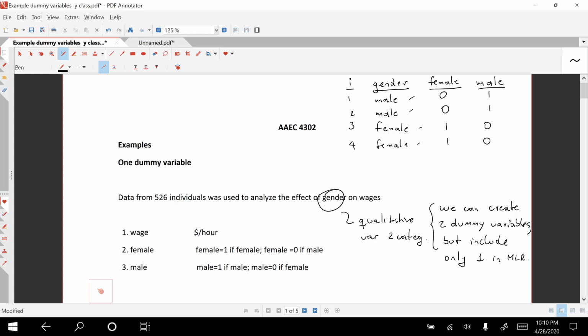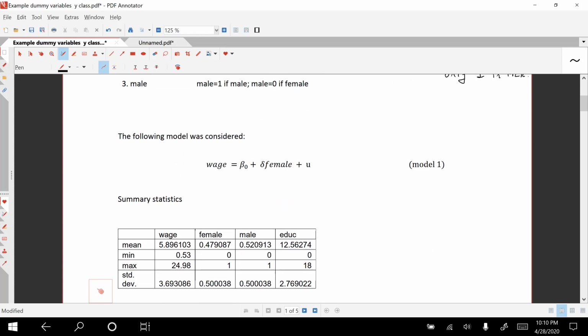Okay, so this is the type of data that we have. We have this model where we have wage, and the variable that was included was female.